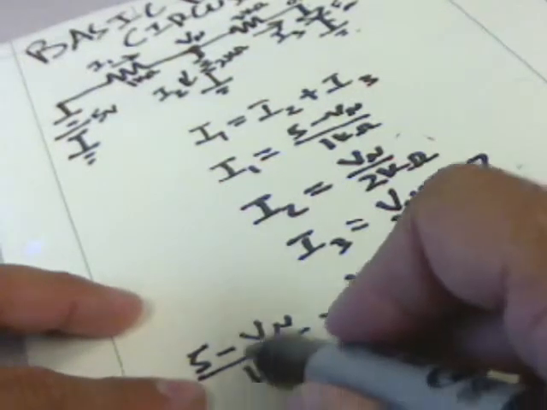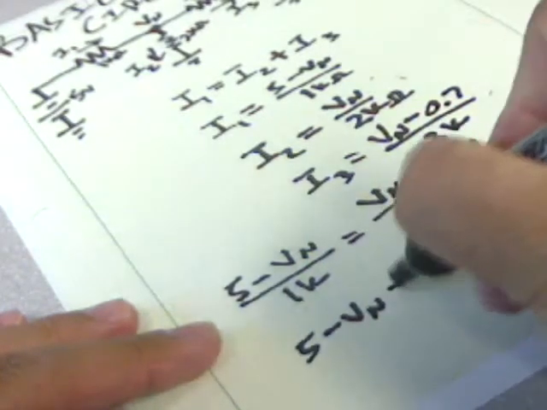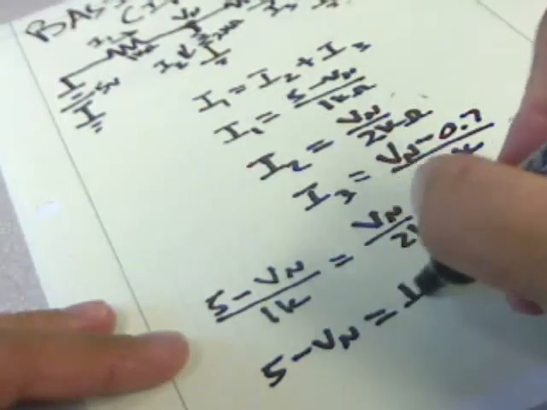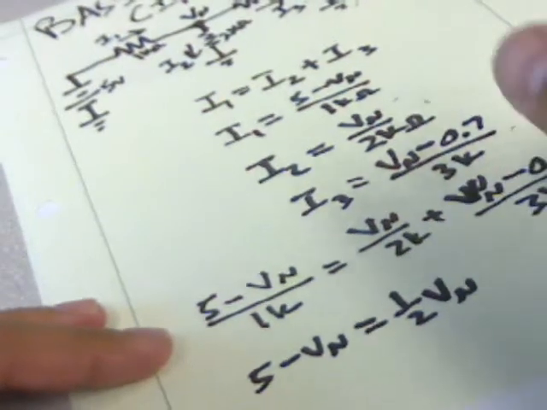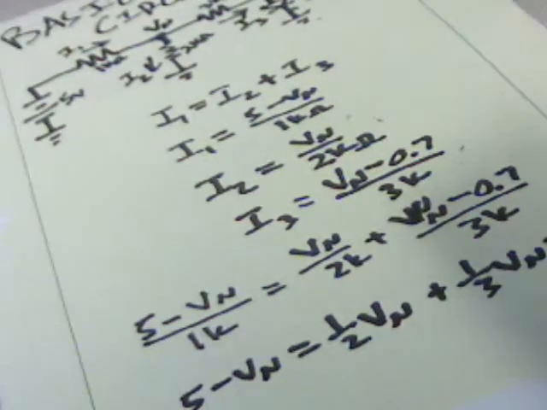Now I'm just going to divide through by 1K over everything, and we're going to end up with 5 minus Vn is equal to 1/2 Vn plus 1/3 Vn minus 0.7 divided by 3.